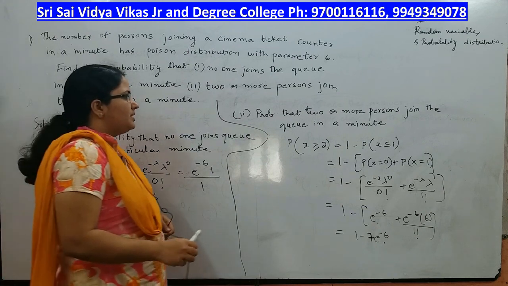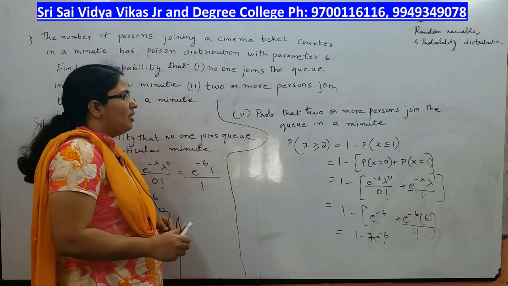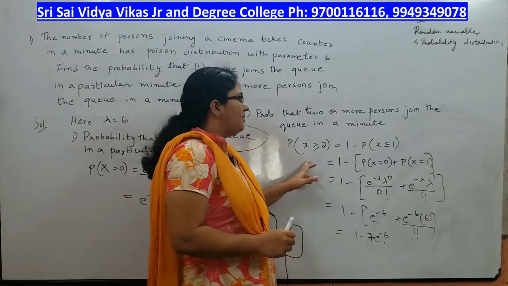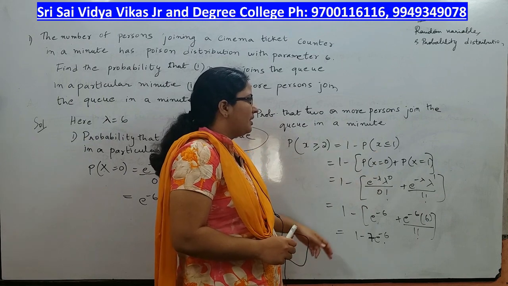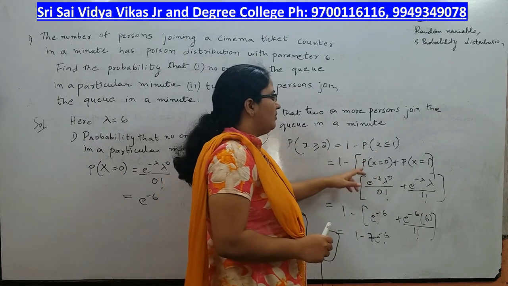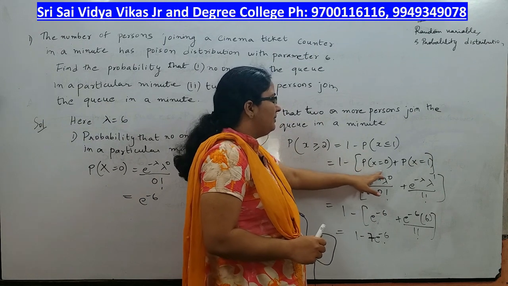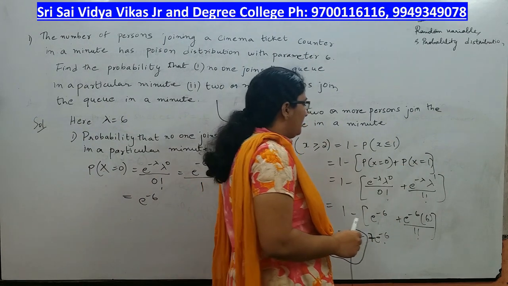Probability that 2 or more persons join a queue in a minute, P of x greater than or equal to 2, is the same as 1 minus P of x less than or equal to 1. P of x less than or equal to 1 is P of x equal to 0 plus P of x equal to 1.